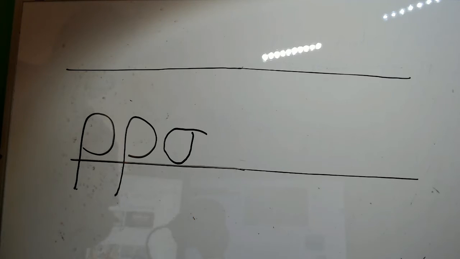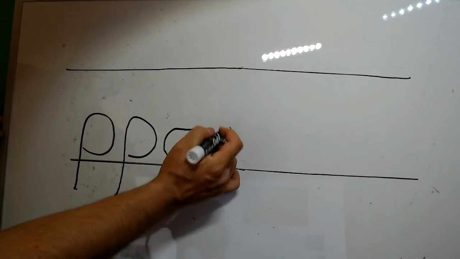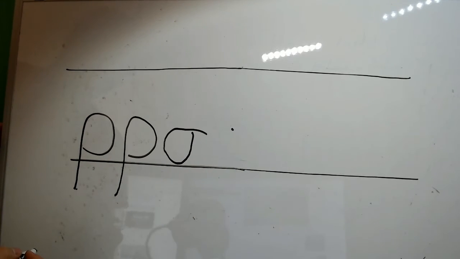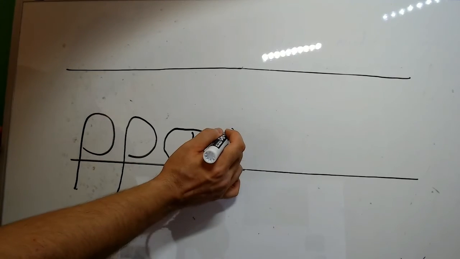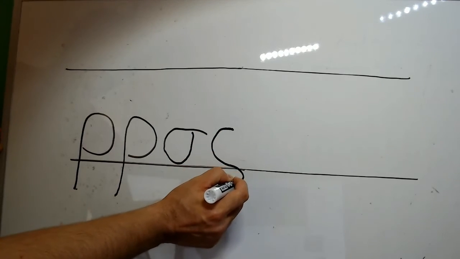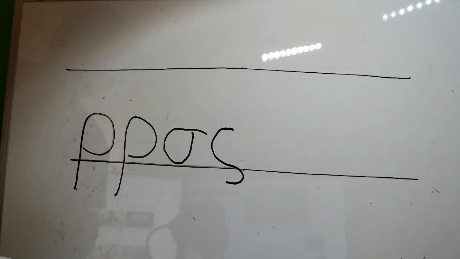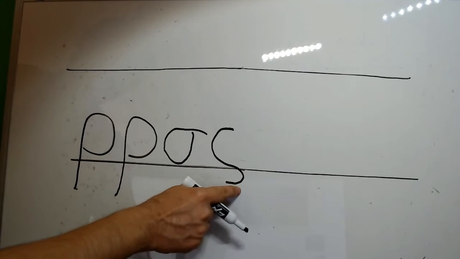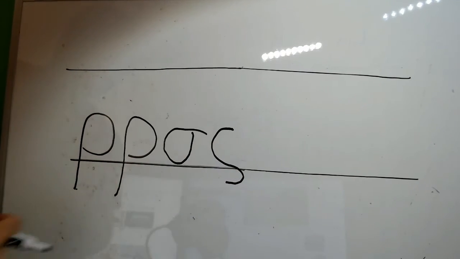If it comes at the end, and only if it comes at the end, sigma looks a little bit different. Okay, if it is at the end of a word, we're going to start out in the middle here, go around to the bottom, and make basically an English S, but that part here on the bottom is a little bit shorter than this one at the top.